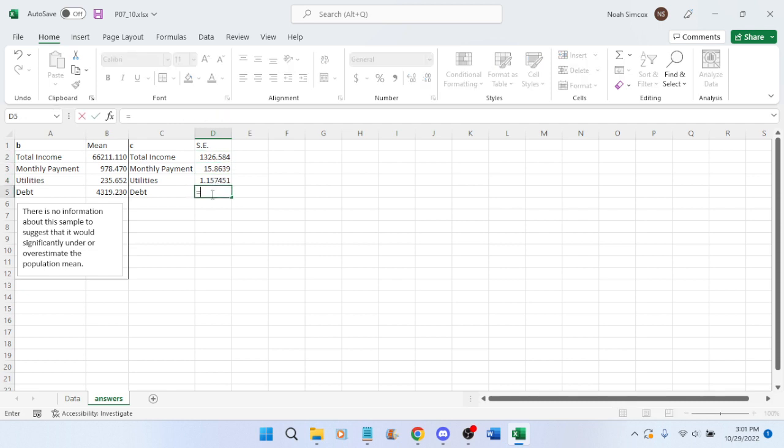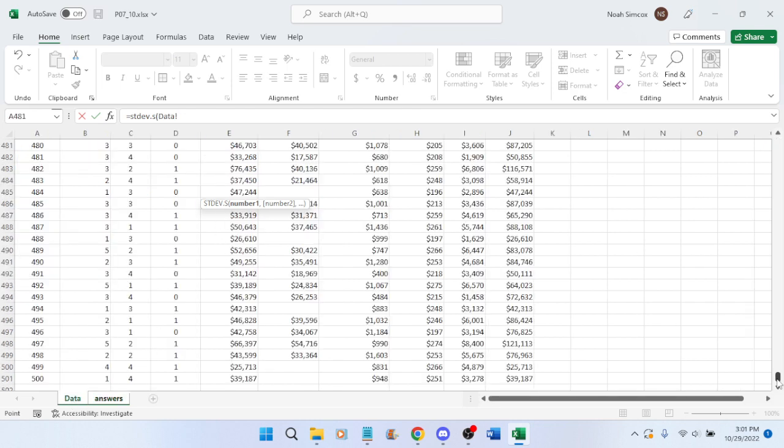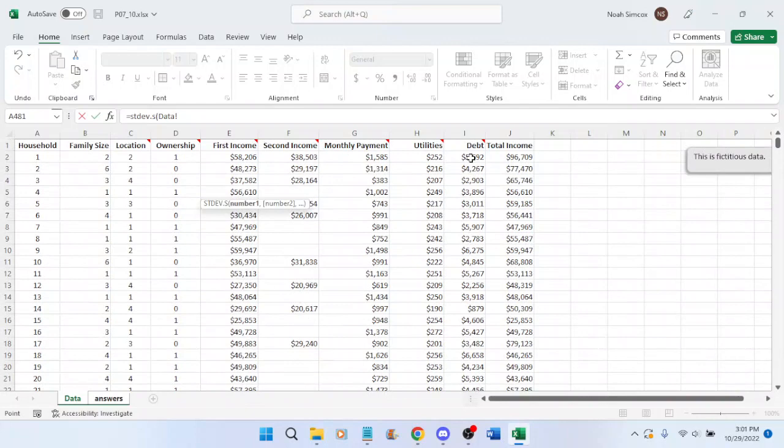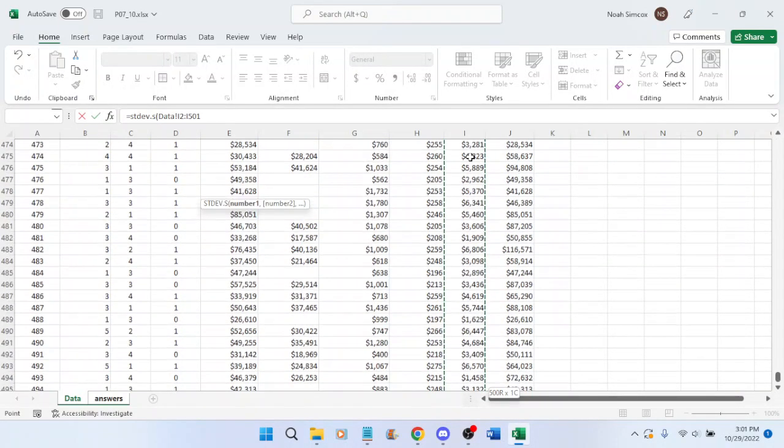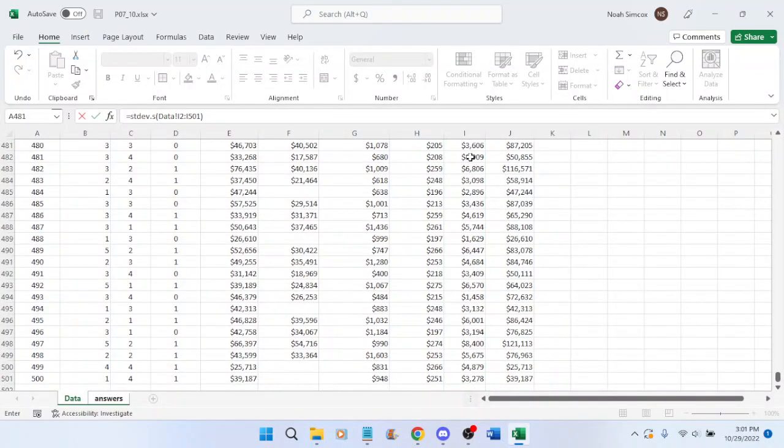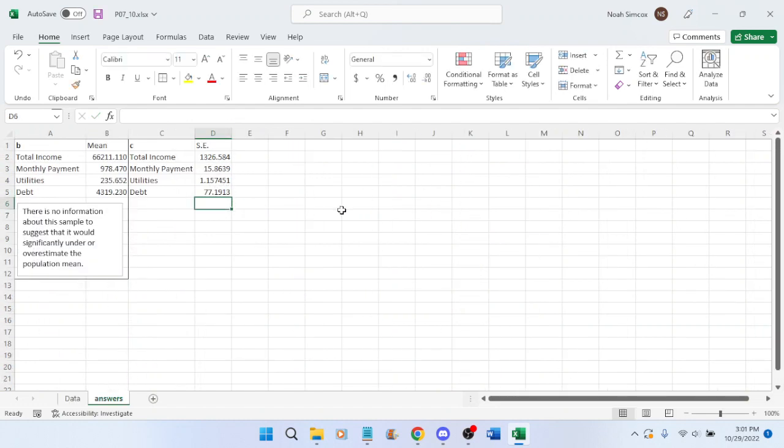And equals standard deviation dot s of debt divided by square root of 500 and there.